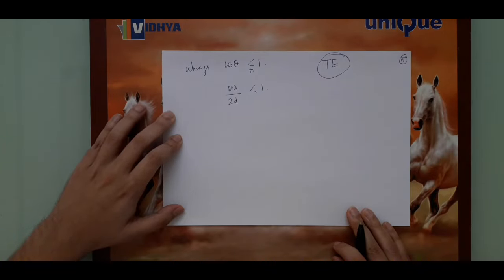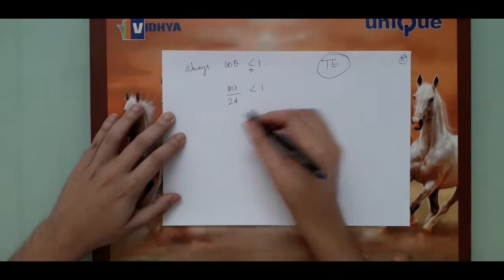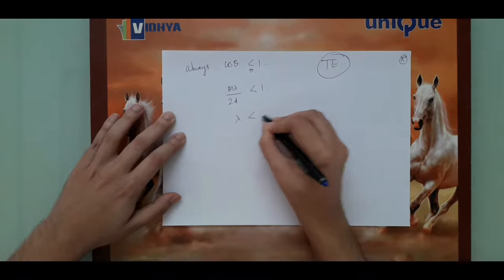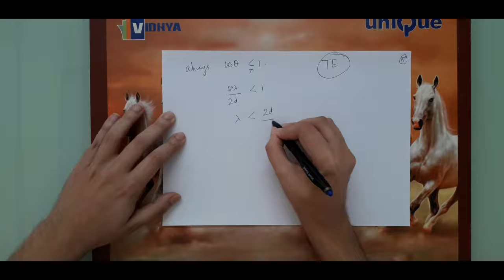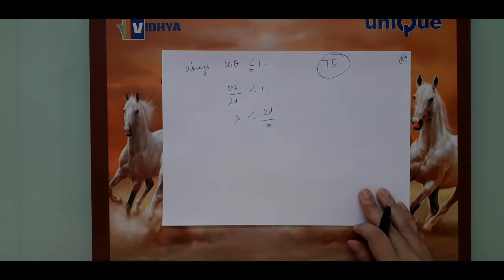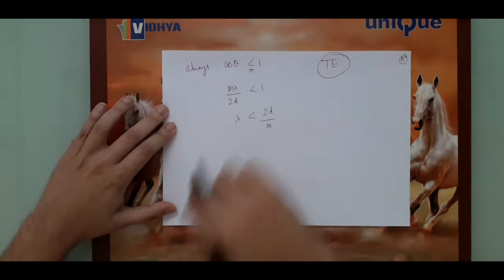For TE mode, this is the requirement, that cos theta should be less than 1. So if I now put lambda on the left hand side, I will get lambda is less than 2d by m. That means the lambda of the wave which is launched into the waveguide should definitely be below this value.